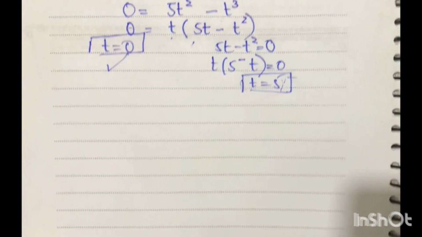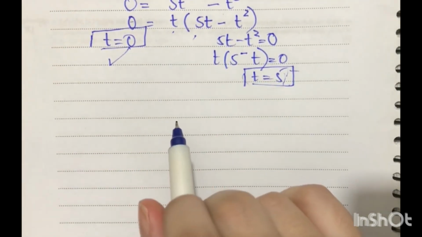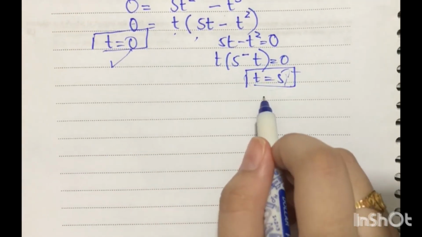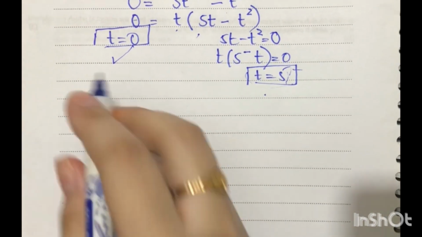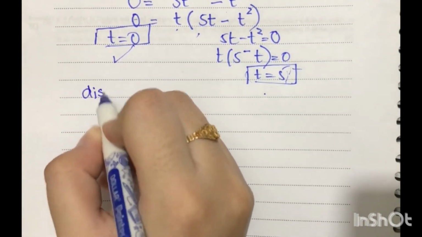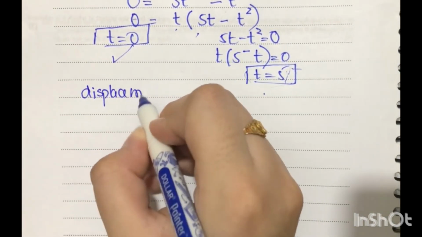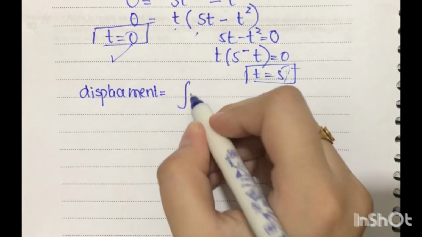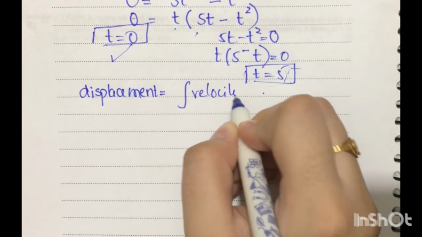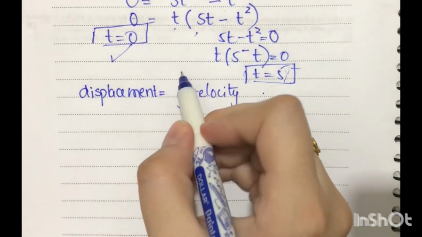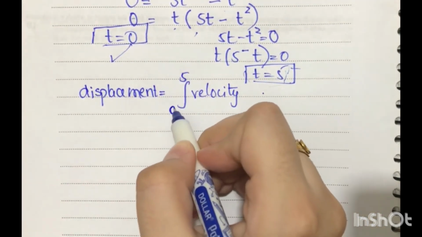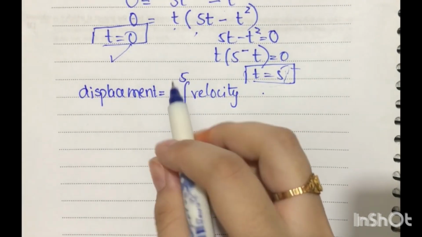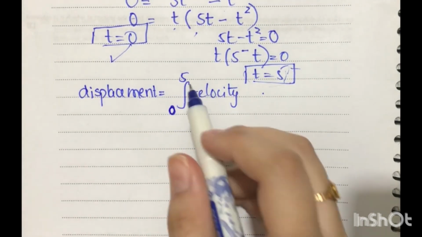Now, in order to find the distance, we need to find the displacement of the particle after 5 seconds. We can find the equation for displacement when we integrate velocity. And the limits will be 5 and 0, since we need the displacement for the first 5 seconds.